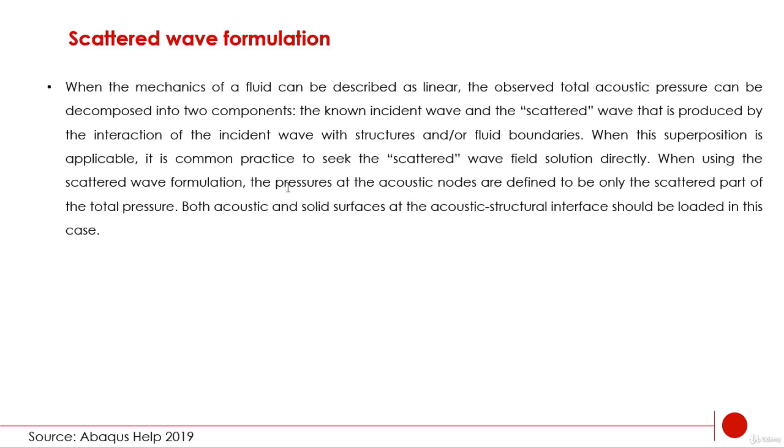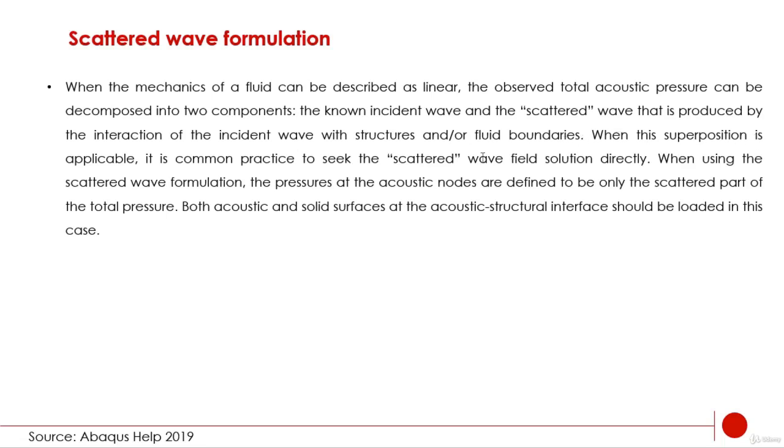We can use this model when the mechanics of a fluid can be described as linear. The observed total acoustic pressure can be decomposed into two components: the known incident wave and the scattered wave that is produced by the interaction of an incident wave with a structure and fluid boundaries.